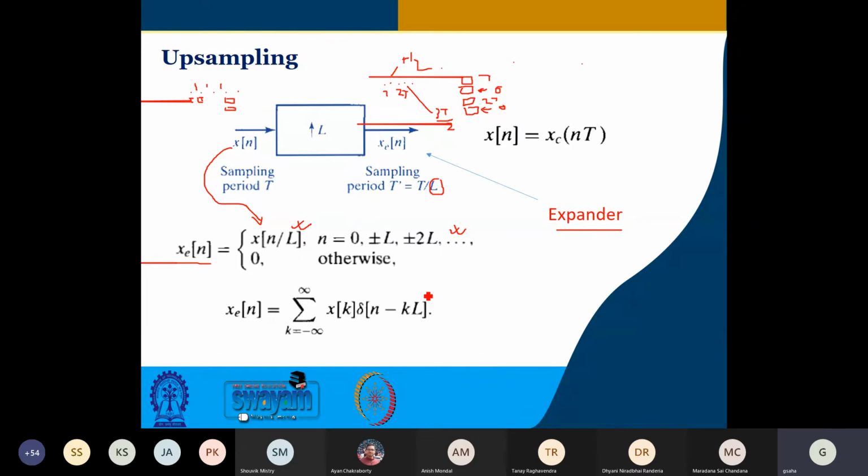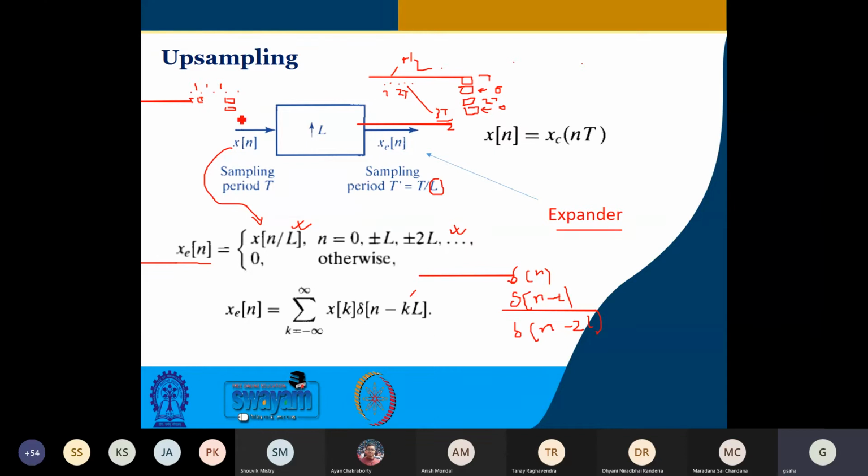So that means at integer values of k, we get delta[n - L], and of course the plus version is also there, delta[n + L], delta[n - 2L], right?